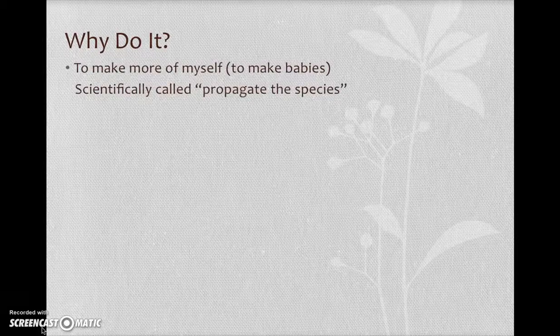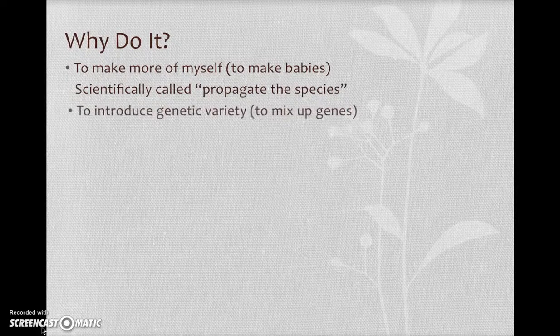So to begin with, obviously, we need to ask the question, why do organisms reproduce? Basically, it comes down to the fact that organisms want to make more of themselves, make babies. Scientifically, this is called to propagate the species, which is to continue the species, and that is the main reason why organisms reproduce.